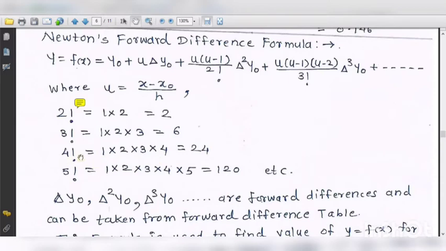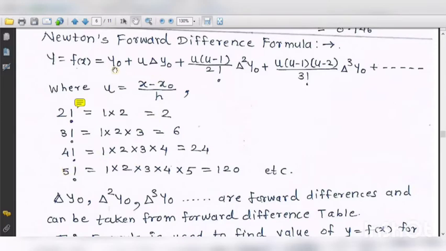If it is 4, then consider the product of first 4 numbers, whatever is the answer. Then 5, consider the product of first 5 numbers and so on. So in this formula we are using these notations. Here I have already given the value of u is x minus x0 upon h. Then 2 factorial, 3 factorial, 4 factorial, all these values we can calculate.